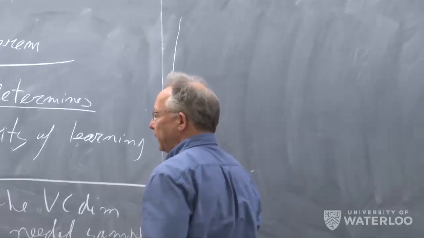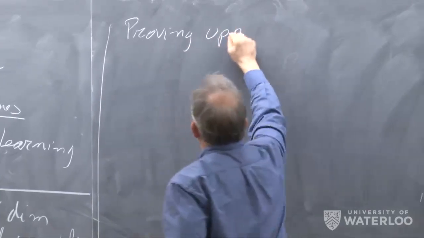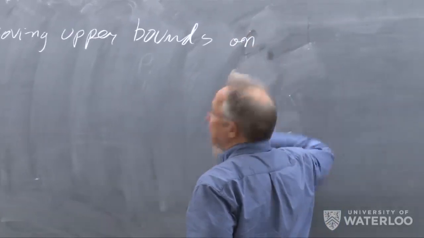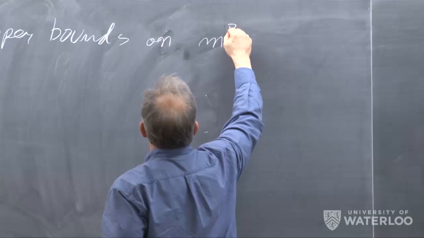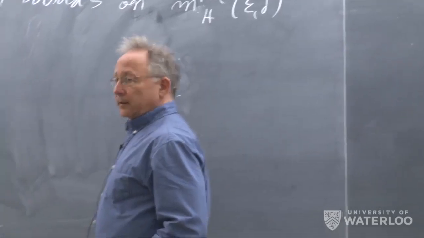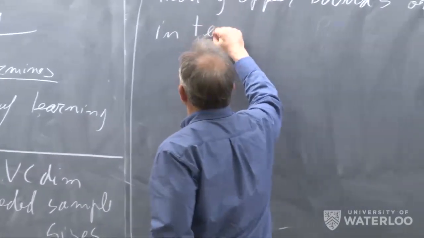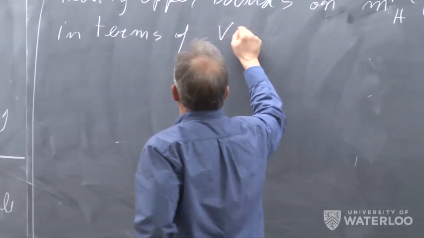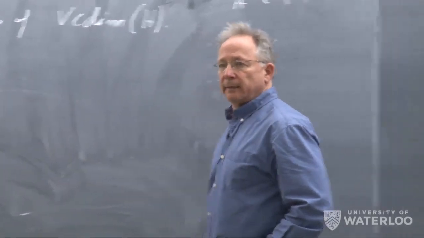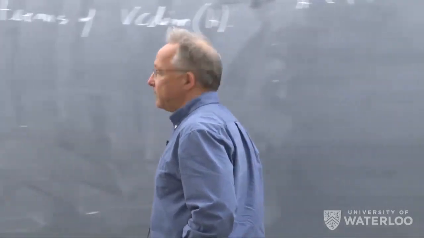So what we need to do today is proving upper bounds on the sample complexity, which is m PAC, say, of a class H, epsilon, delta, just to pick one of the three quantities that we were looking at, in terms of the VC dimension of the class H. And we said that a key component in this proof is going to be a combinatorial lemma, the Sauer lemma.